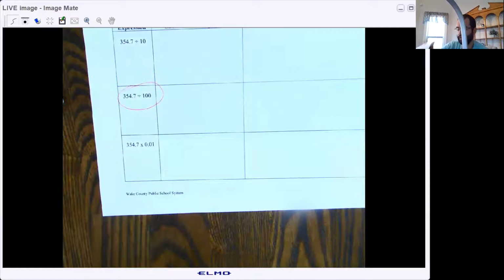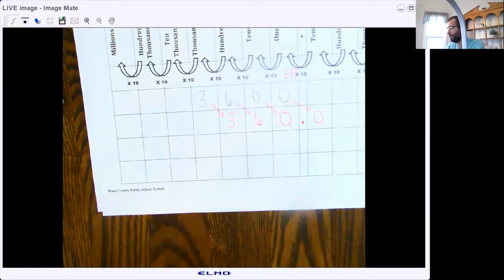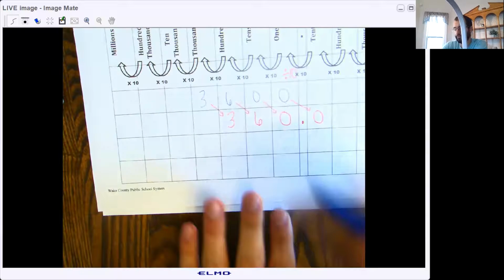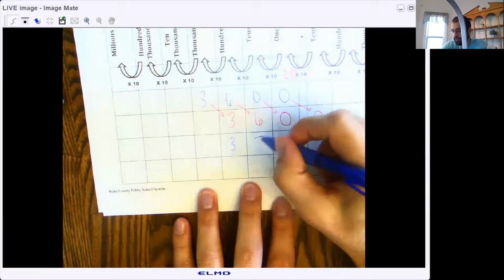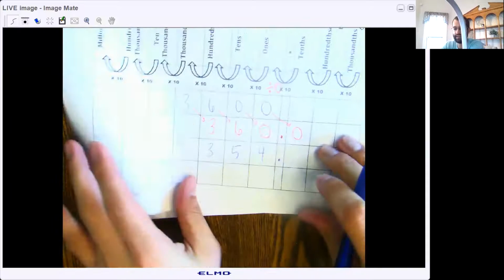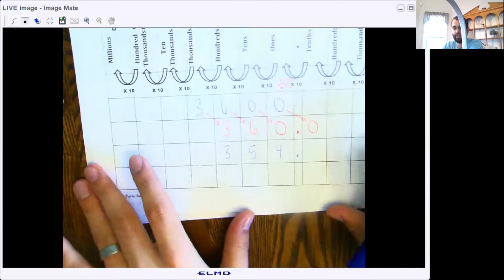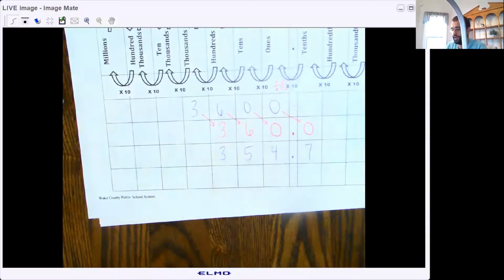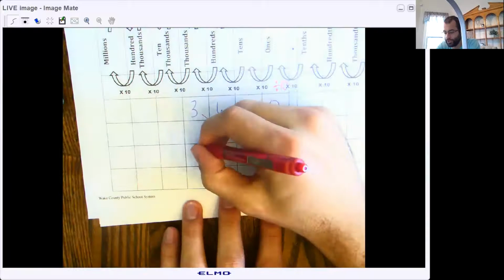So we've got our number. Let me go ahead and write my number. I have 354 point, I think that was 7. Yeah, 354.7. And what I'm going to do is divide by 100.